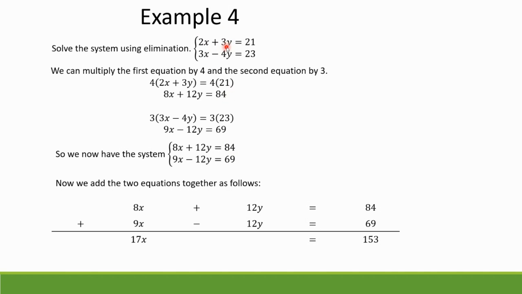So I'm looking at the y's first because of this minus sign. We have 3 here and negative 4. You can't add those together and get 0. But if I multiply the top equation by 4 and the bottom by 3, then we can add and eliminate. So that's what I'm doing here.